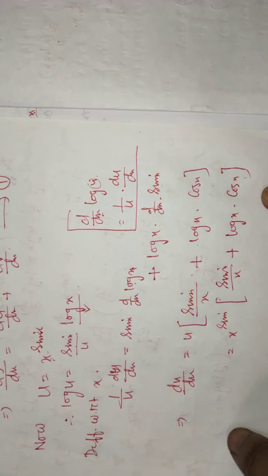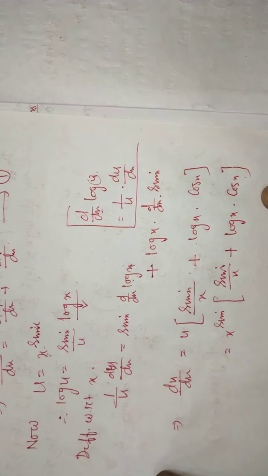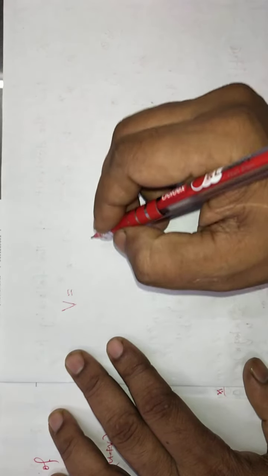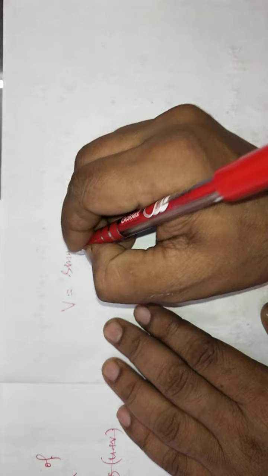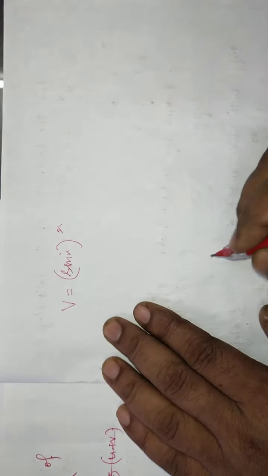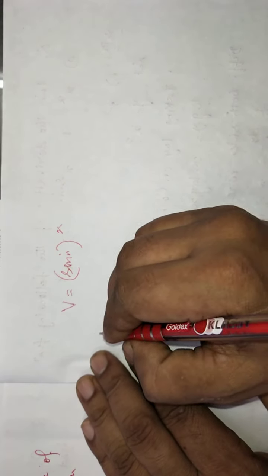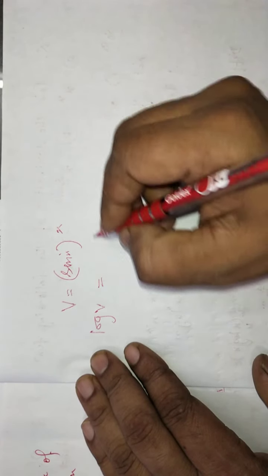Now we are going to find db/dx. What is b? b is sin x all to the power x. Taking log, you have to write the statement taking logarithm on both sides.